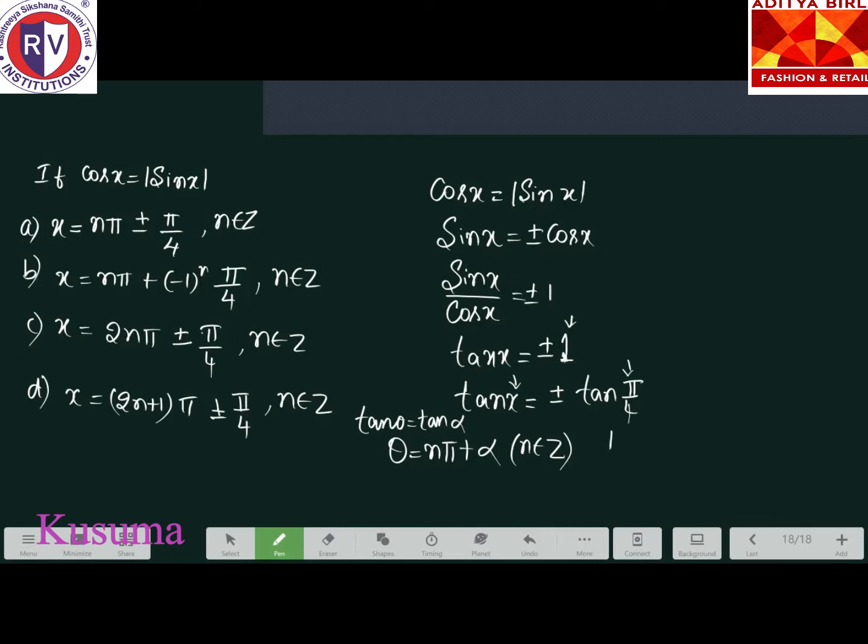So the general solution will be x is equal to n pi. Since there is plus or minus here, it will be plus or minus alpha, and alpha is pi by 4. So this is the general solution, that is x is equal to n pi plus or minus pi by 4. So this is your option A. Here n belongs to the set of integers.